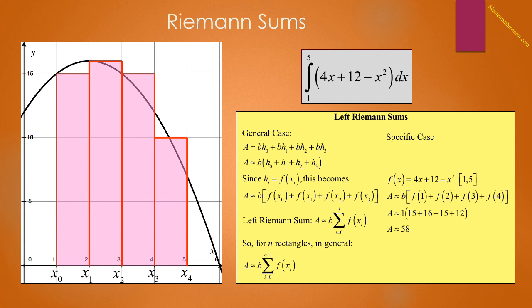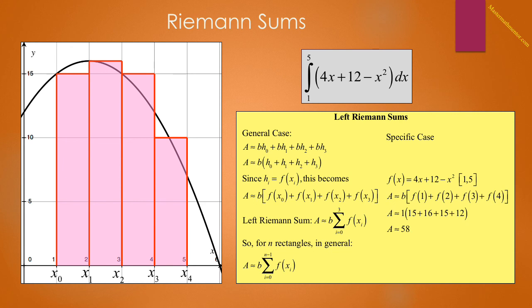We can factor out the b and write that as b quantity h0 plus h1 plus h2 plus h3.